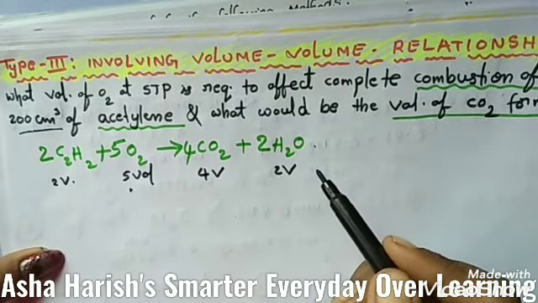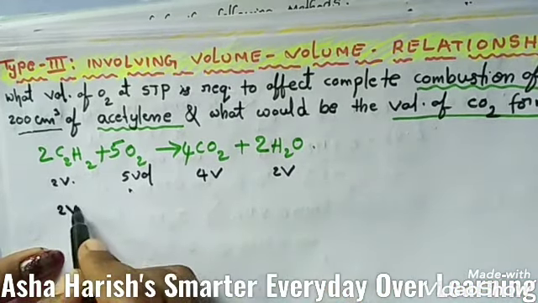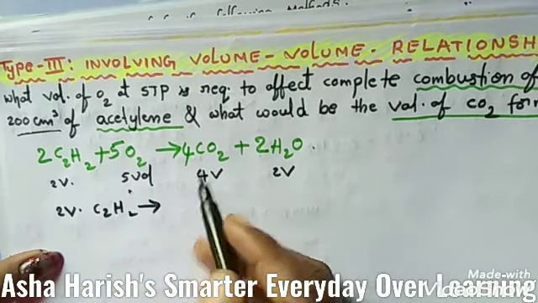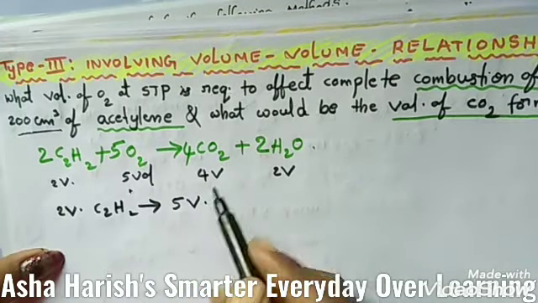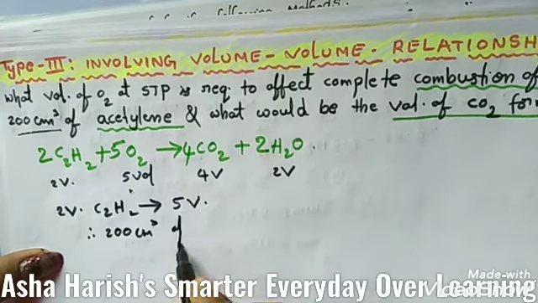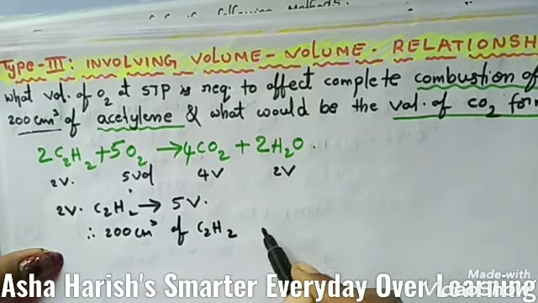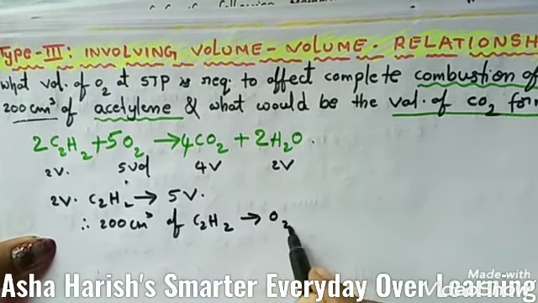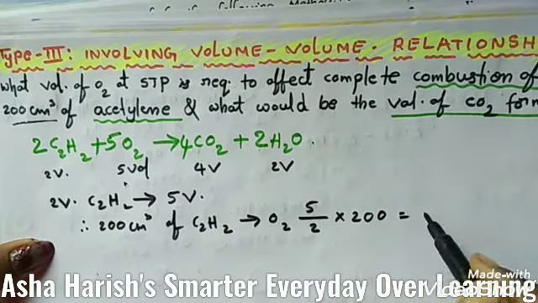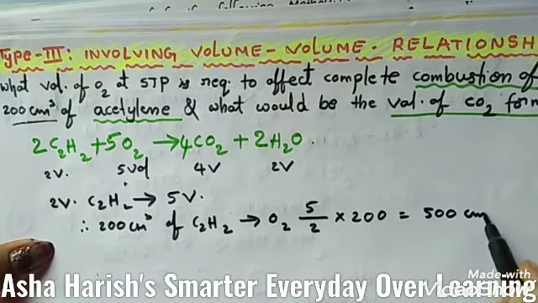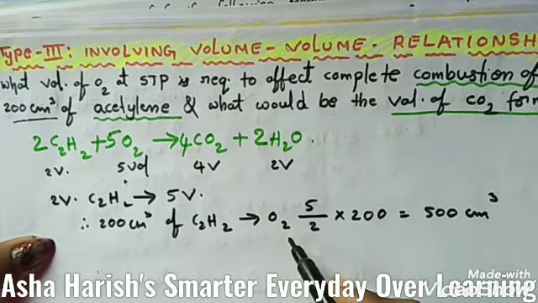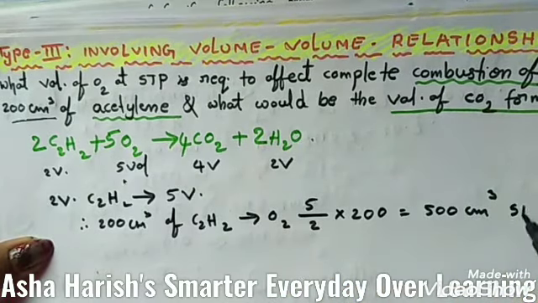Applying Gay-Lussac's law of gaseous volumes, 2 volumes of acetylene, C2H2, require O2 for complete combustion of 5 volumes. So therefore 200 centimeter cube of acetylene, C2H2, will require how much amount of O2? That should be 5 by 2 into 200. So 500 centimeter cube at STP. Thus the volume of O2 required is 500 centimeter cube at STP.